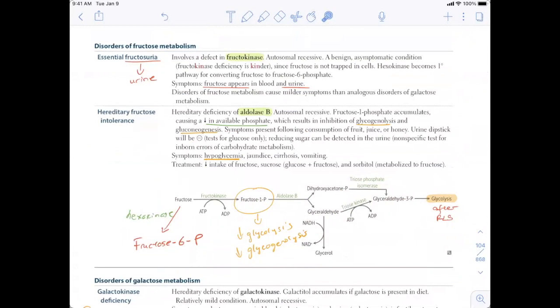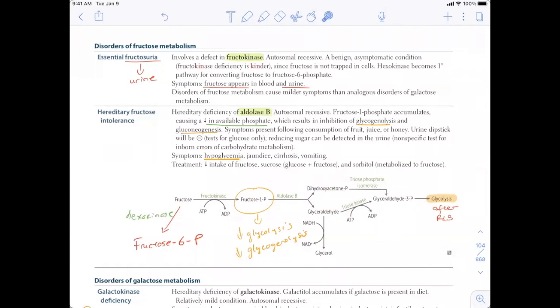The very first enzyme to start the fructose action is fructokinase, because fructokinase will change us from fructose to fructose 1-phosphate, an ATP requiring process. Then there's another enzyme called aldolase B that changes it to DHAP and glyceraldehyde. And aldolase B is the one that enables us to get into glycolysis.